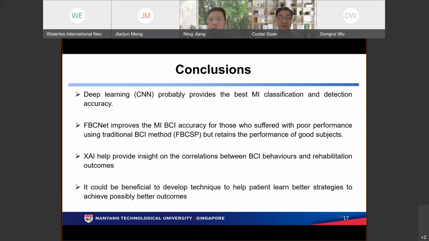Even using XAI, we still try to figure out for individuals why the performance difference can be so big. This could be a good thing, because if we can find at least one method which can achieve certain performance, we can find the reason. If they all performed similarly, I would say it's bad news. We would have nothing new to go on. So this is still an open question, but it's a very good research topic.